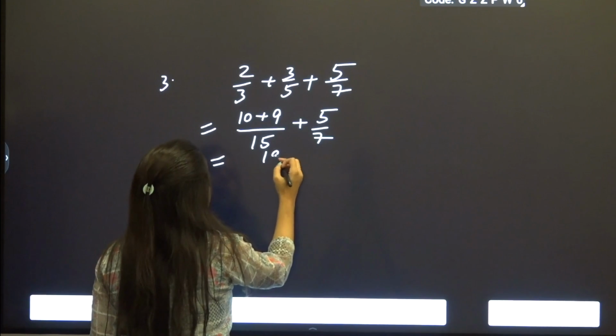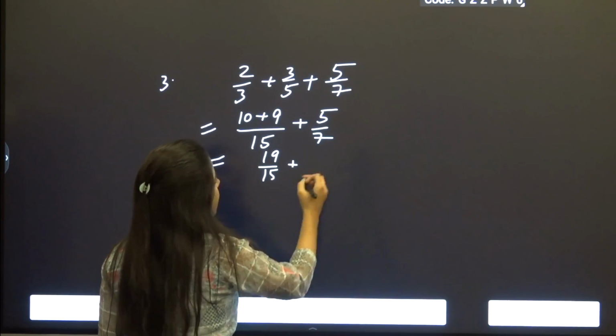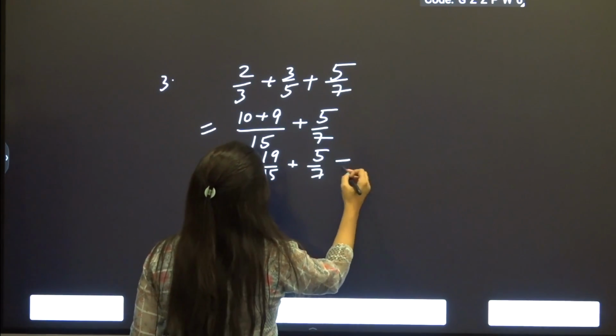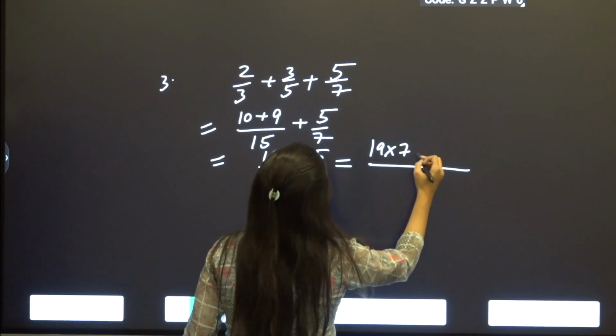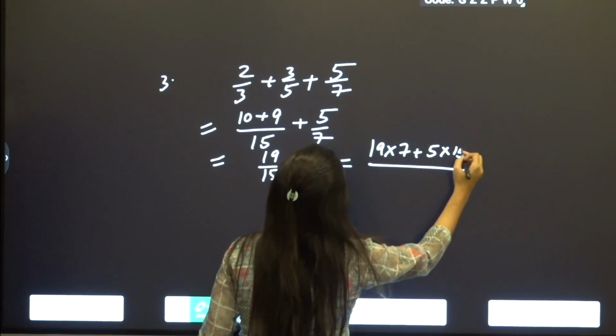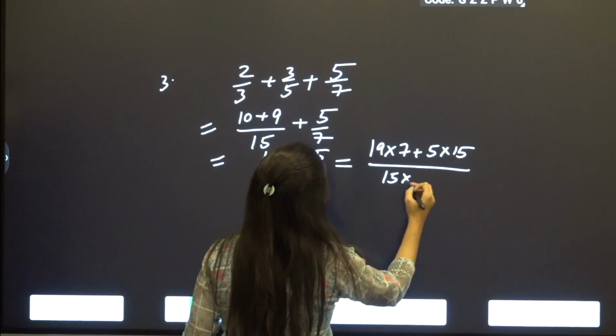And next 19 by 15 plus 5 by 7, which is 19 into 7 plus 5 into 15 upon 15 into 7.